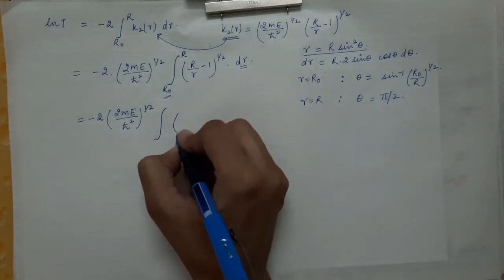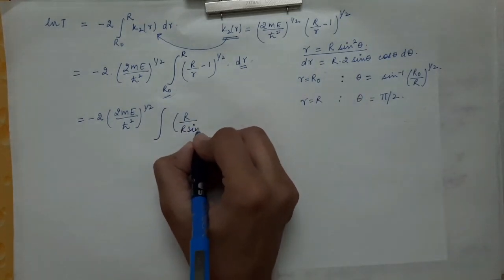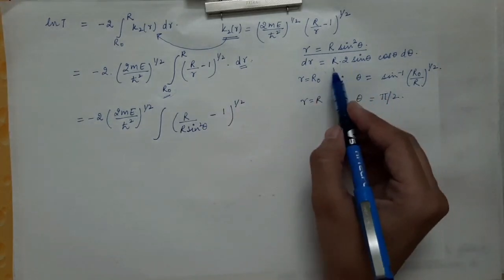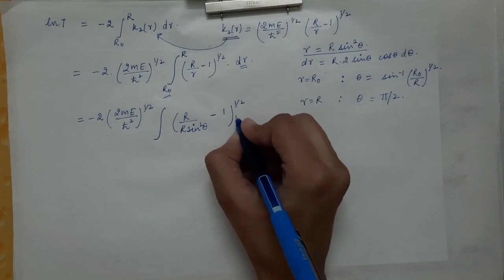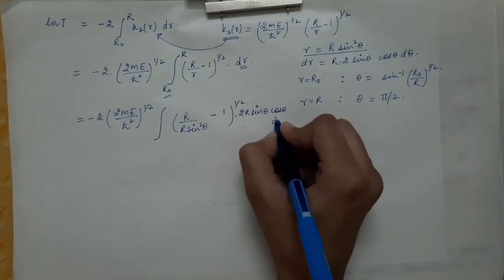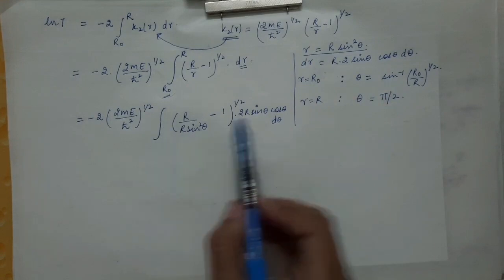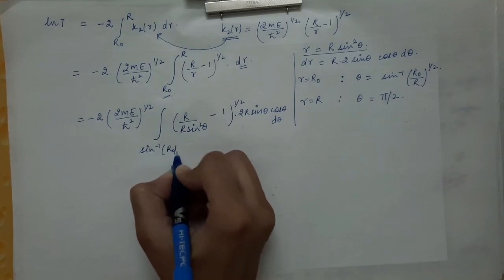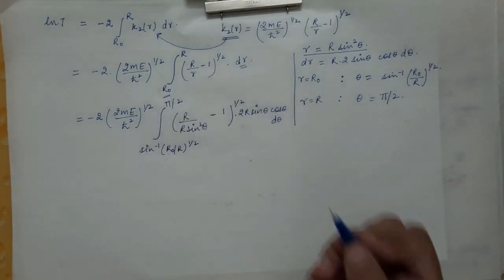So what you will get is capital R divided by small r, where small r is R sine square theta, minus 1, whole power 1 by 2, and dr is 2R sine theta cos theta d theta. And the limits of theta: the lower limit is sine inverse of r naught divided by capital R power 1 by 2, and the upper limit is pi by 2.